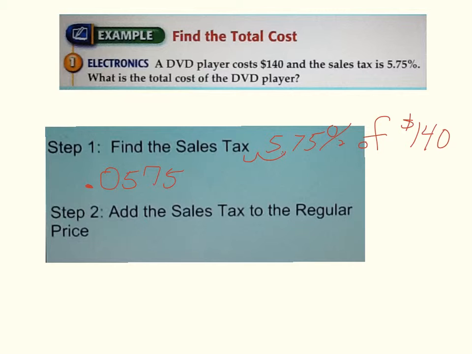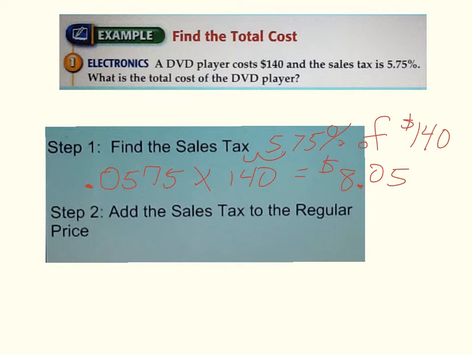Of is another expression for multiplication, and we're going to multiply that by 140. Plug in 575 10,000s to your calculator times 140, and you end up with $8.05.